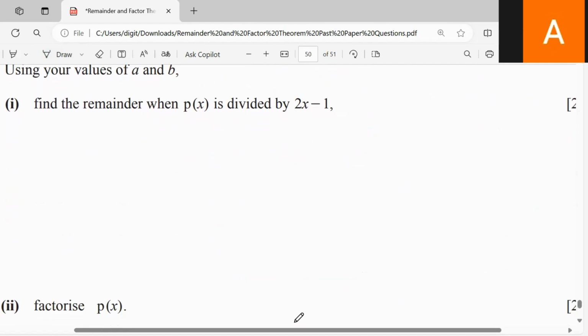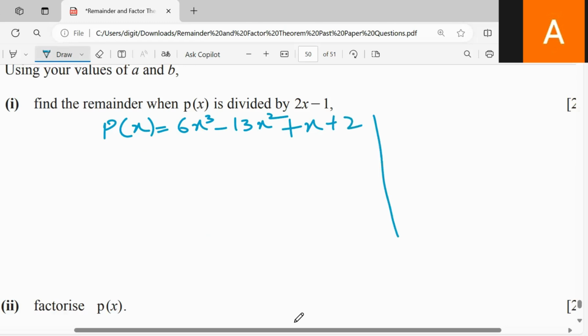First we substitute the values of a and b, and the equation becomes p of x is equal to 6x cubed minus 13x squared plus x plus 2. It is divided by 2x minus 1.